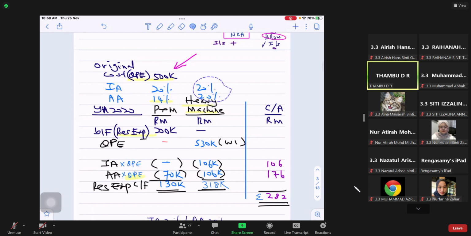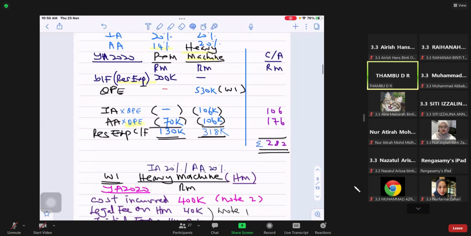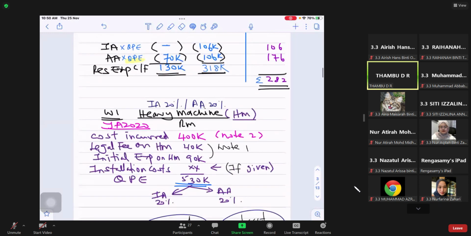Next, you have 2020, where you take 20%. Heavy machine 2020. How much did you bought? 530. I've given you the working here.